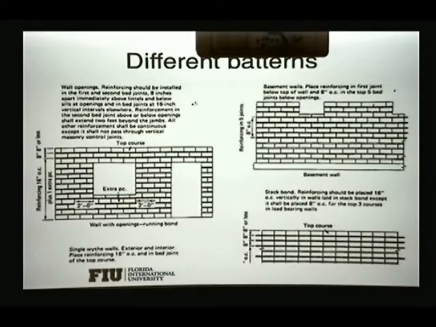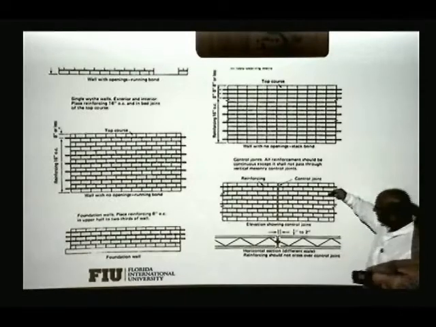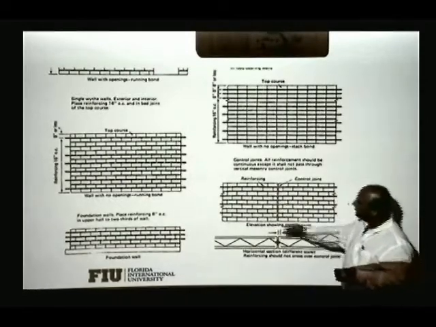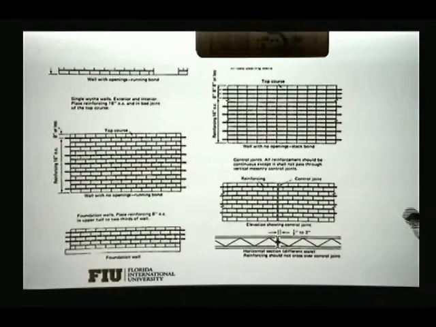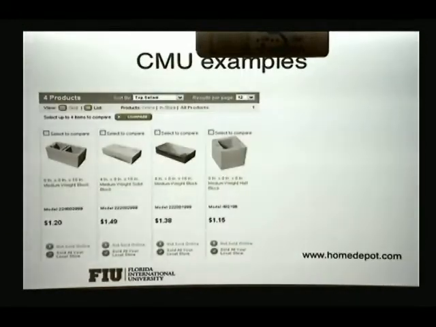How do you arrange these blocks in patterns? Including different reinforcing. So you may have horizontal reinforcing, you may have vertical reinforcing, you may have reinforcing along openings. So you have to really look carefully at what type of block you have and what type of reinforcing you have in order to estimate the cost properly.